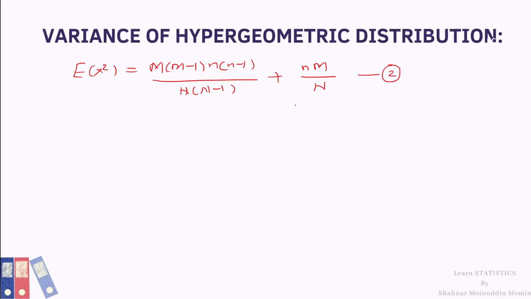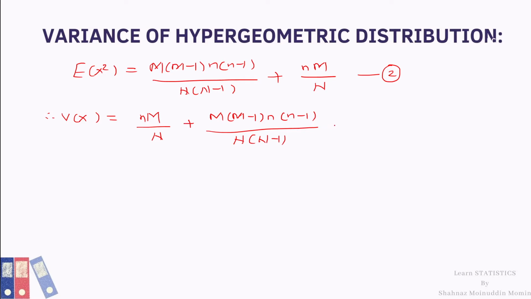Now we will substitute this equation 2 in equation 1. Therefore variance x is equal to, I will write it as nm by n plus m minus 1 n minus 1 upon n into n minus 1, minus n square m square by n square.